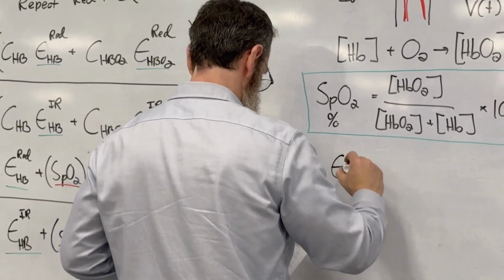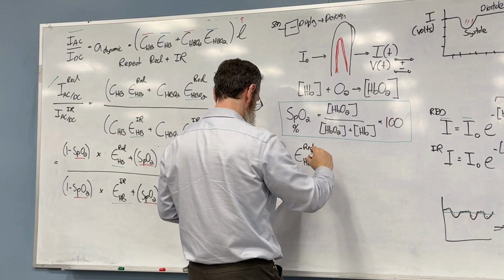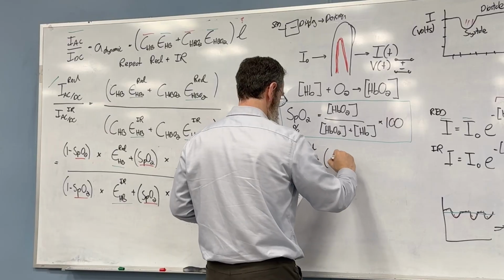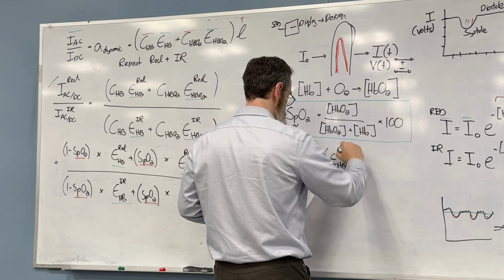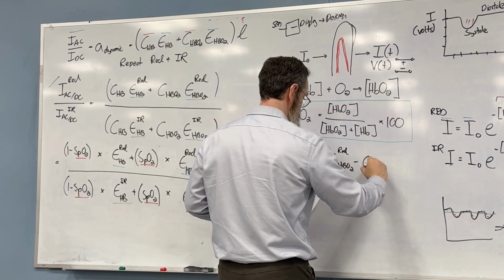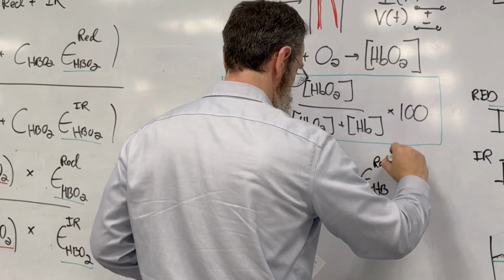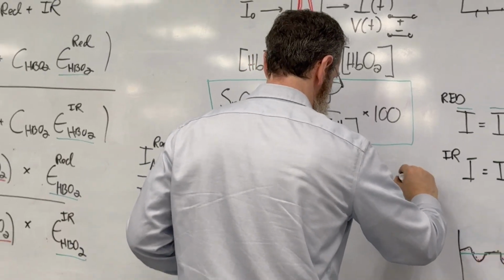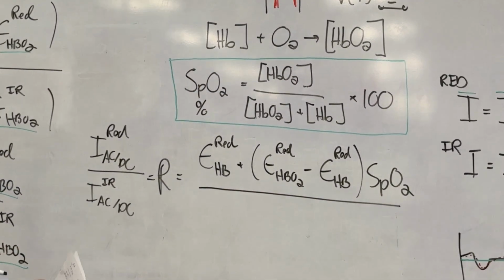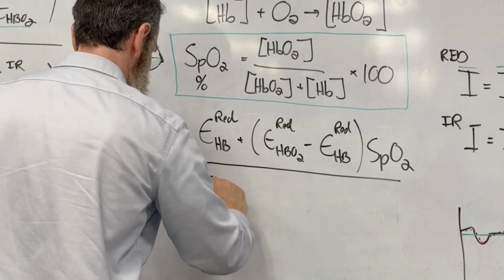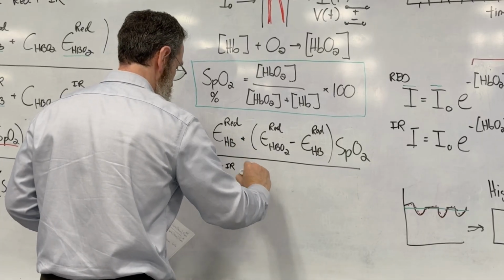So one would be the extinction coefficient of deoxyhemoglobin at red plus the extinction coefficient for oxyhemoglobin at red minus the extinction coefficient for deoxyhemoglobin at red times SpO2, over, it's the same equation. The terms have just been rearranged to pull out the SpO2, over the extinction coefficient of deoxyhemoglobin at infrared.